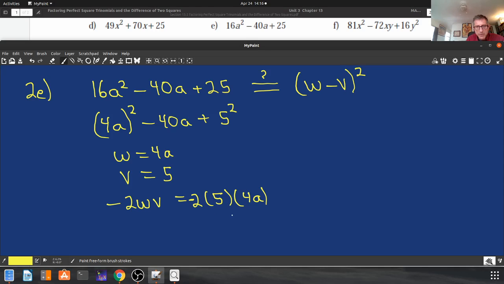Minus 10 times 4 is minus 40A. And that's what I have. So I found candidates for W and V. If I can't find candidates for W and V, I'm done. And then I check that the minus 2WV is what I actually have. So my answer is yes, I have succeeded. This can be factored in the form of W minus V squared, where W is 4A and V is 5.